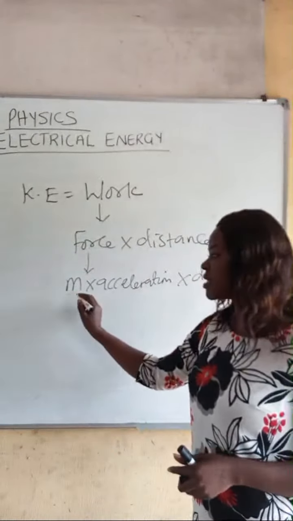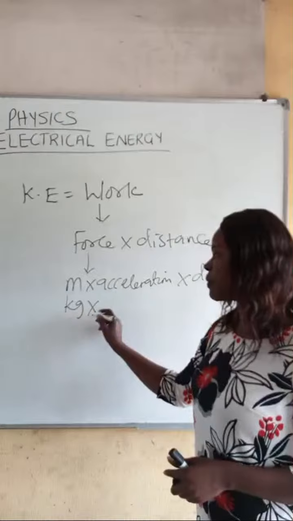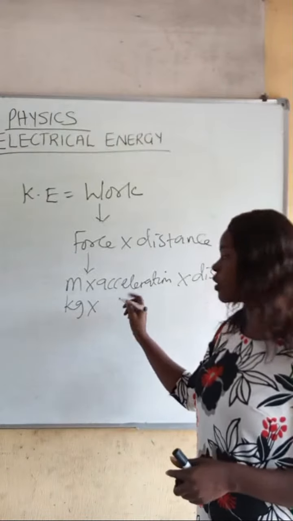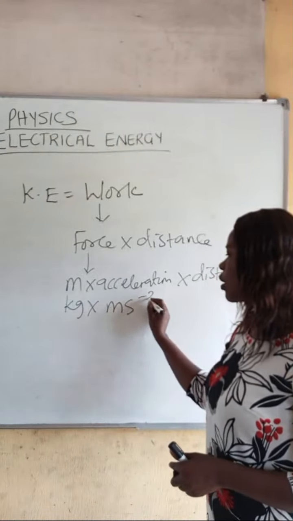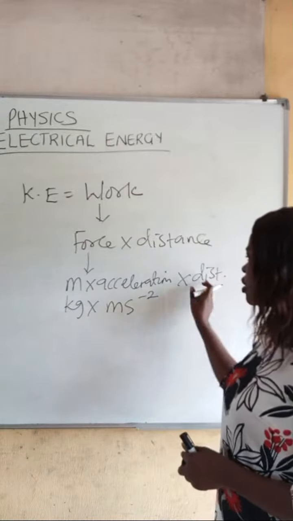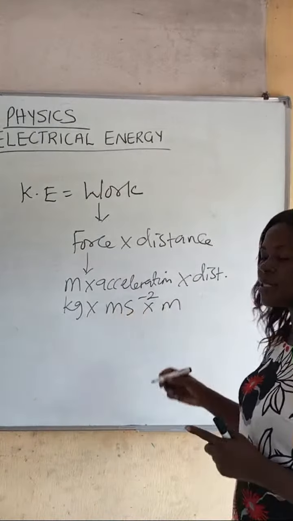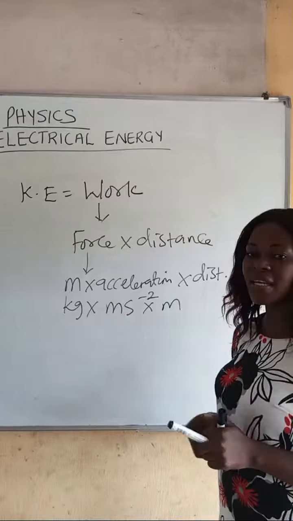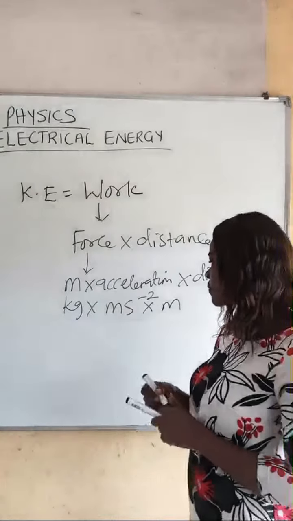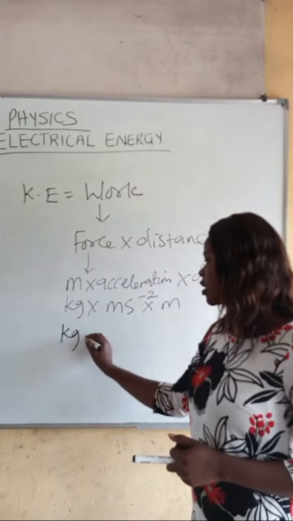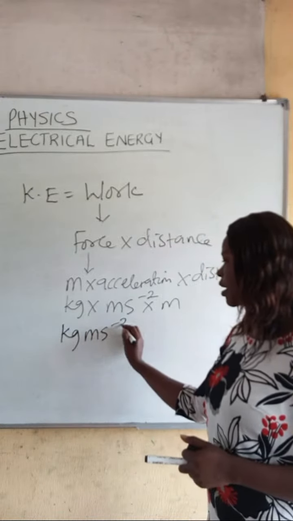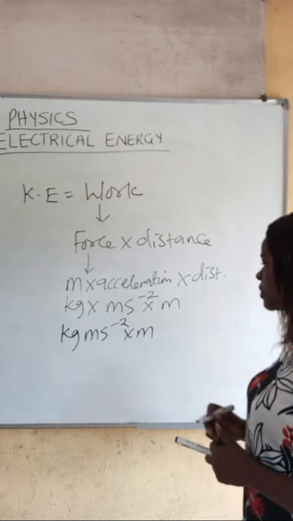Now, the unit of mass is kilogram, multiplied by the unit of acceleration, which is meter per second square, multiplied by the unit of distance, which is meters. If you bring them together, we have kilogram meter per second square times meter.